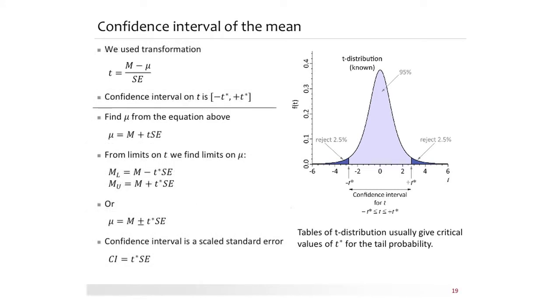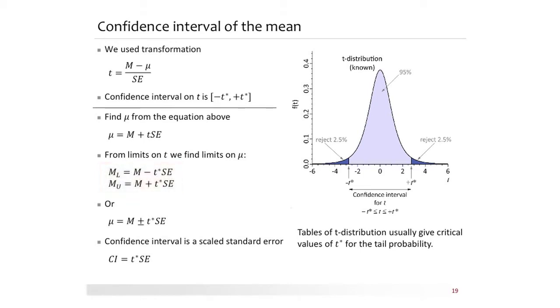So what we do now is get back to our mean. We have the transformation, we have the t-statistic, and we know that the confidence interval is from minus t star to plus t star. Now, we can solve this equation for mu, the population mean. It's the sample mean plus t times the standard error. And because we know the confidence interval on t, t is between minus t star and plus t star, we can find the limits on the population mean.